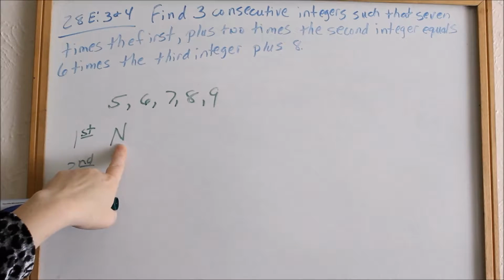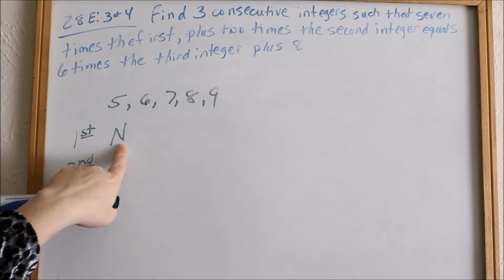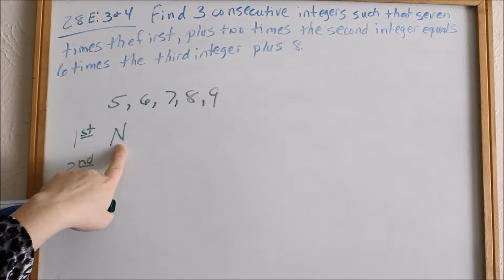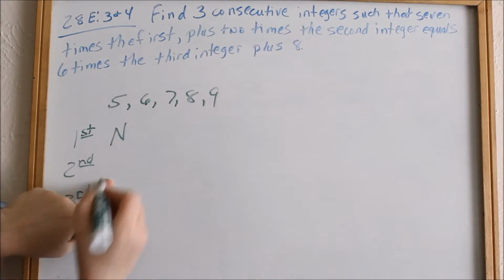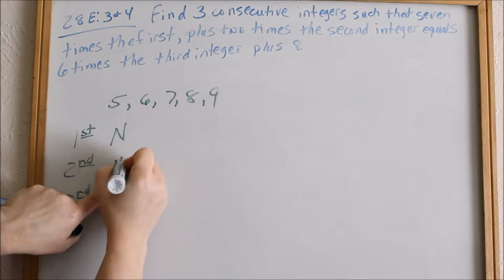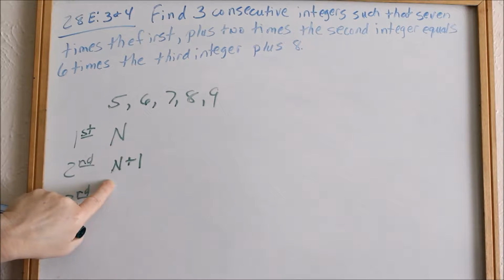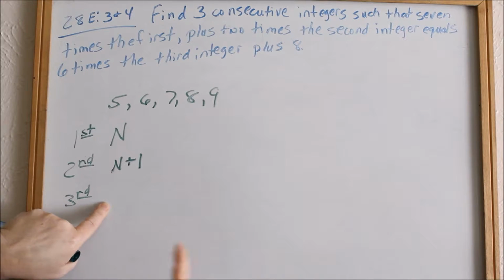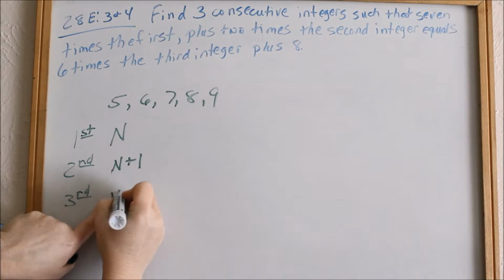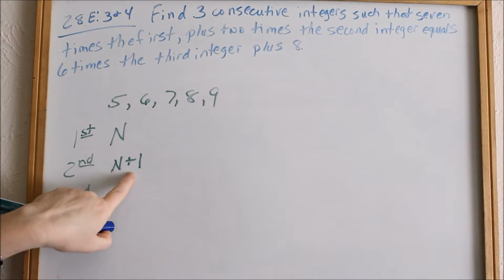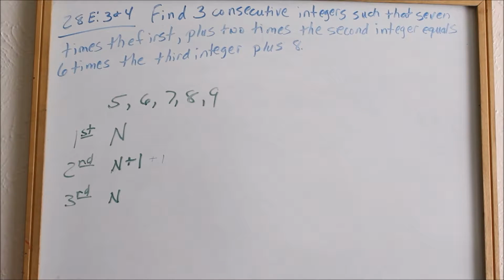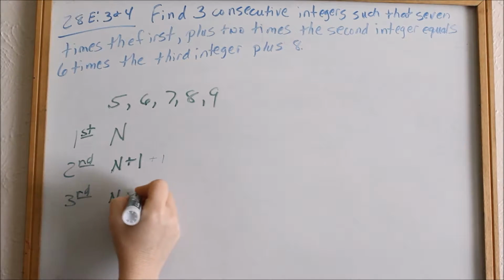So if my first integer is n, because I don't know what n represents, we're going to calculate it and find out. How do I get to my second integer? I take n plus 1. How did I get to my third integer? I add another 1, so now I would be at n plus 2.